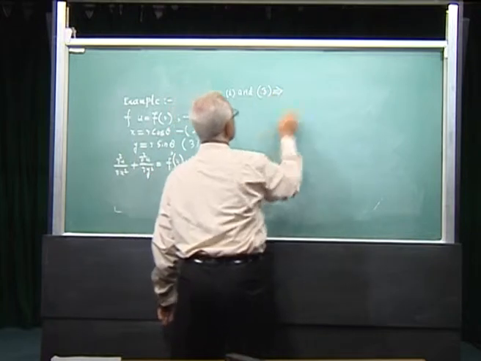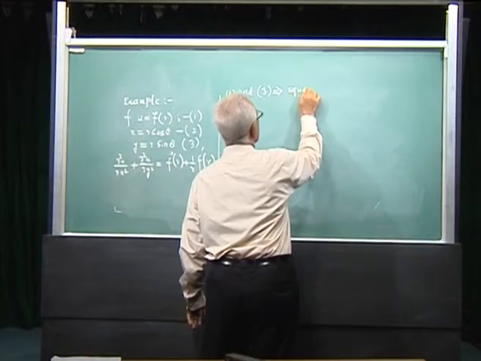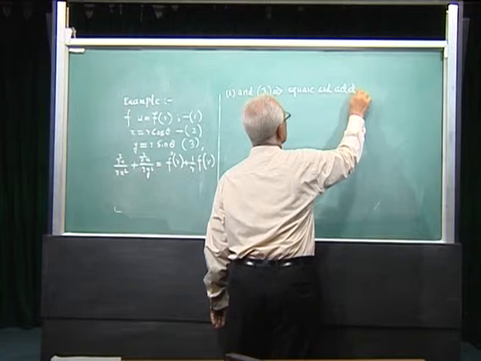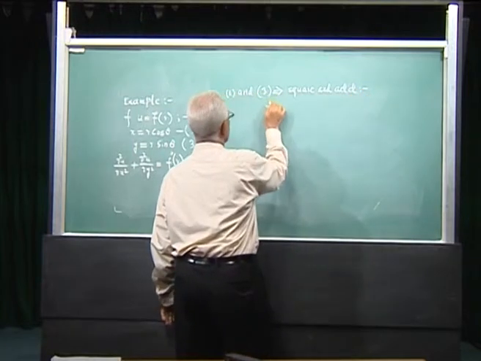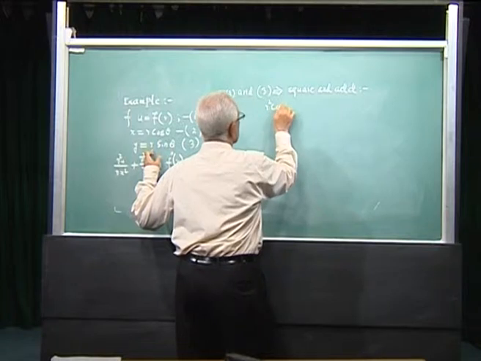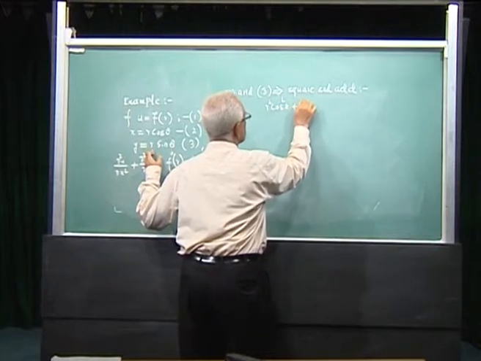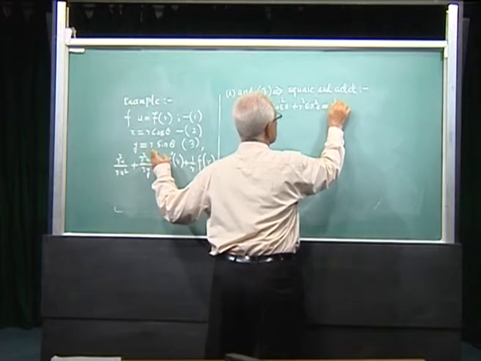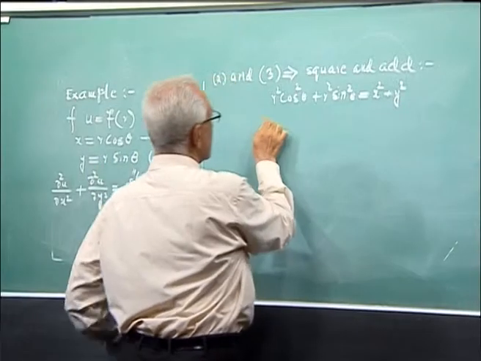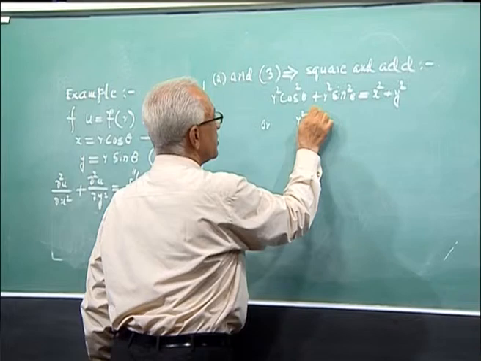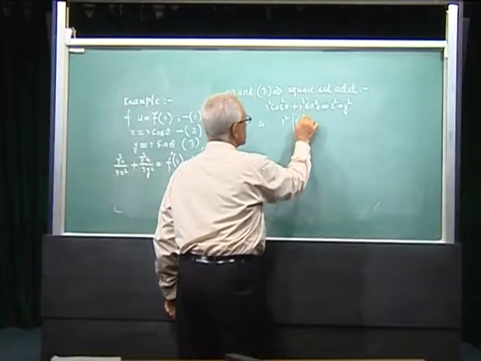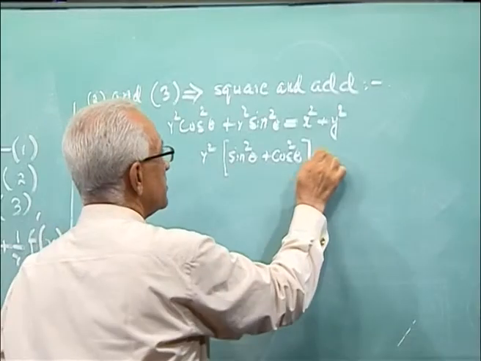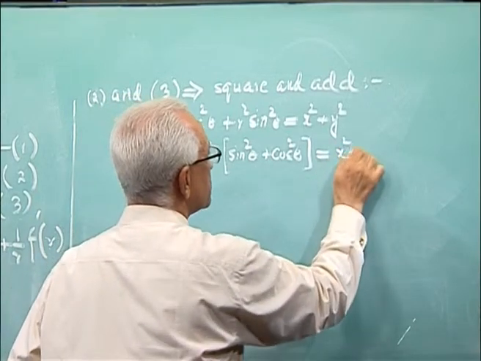What we do is we square and add. We get this result, r square cos square theta plus r square sin square theta is equal to x square plus y square. I'll write it as r square into sin square theta plus cos square theta is equal to x square plus y square.